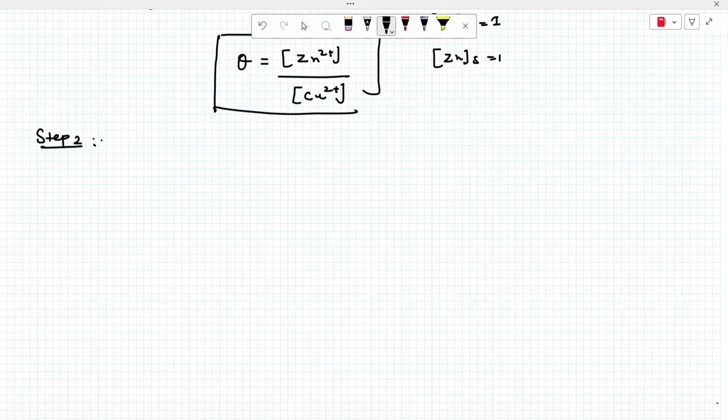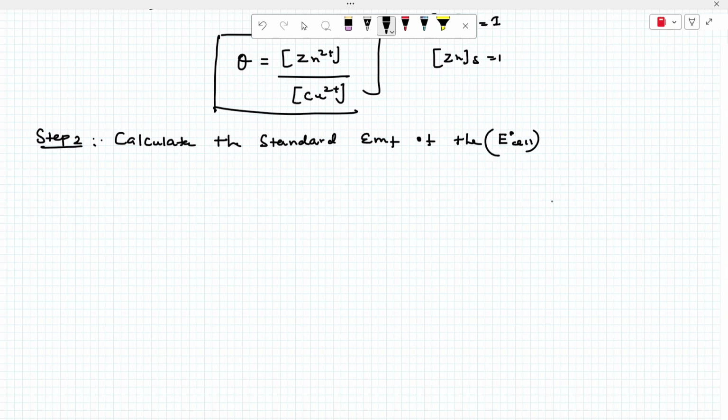Calculate the standard EMF. What is step number 2? Calculate the standard EMF of the cell. That is called E naught. Now what is the formula?